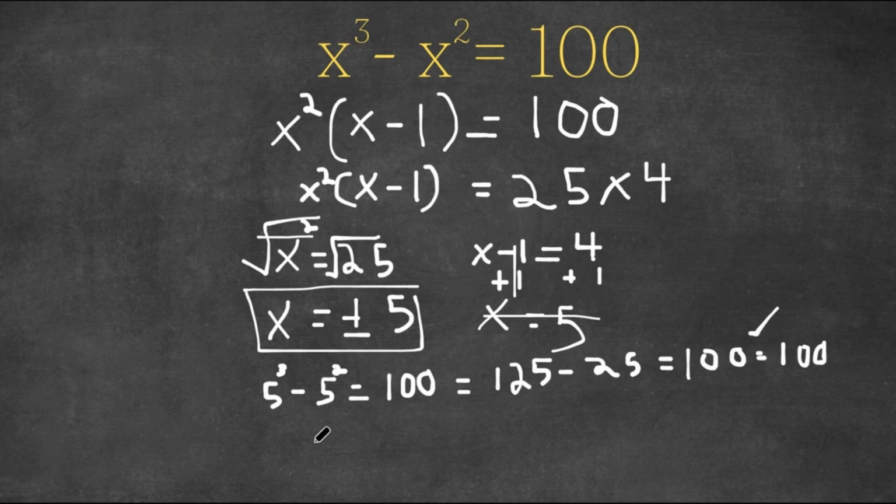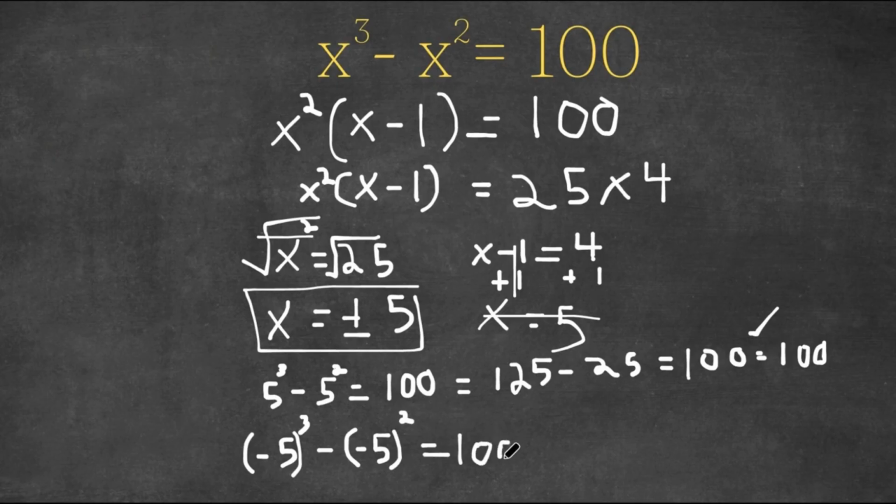Now, why don't we plug in negative 5? Plugging in negative 5, we would get negative 5 in parentheses to the power of 3 minus negative 5 to the power of 2 equals 100. Now, negative 5 to the power of 3, well, a negative to the power of an odd number is still going to be negative, and 5 to the power of 3 is 125.